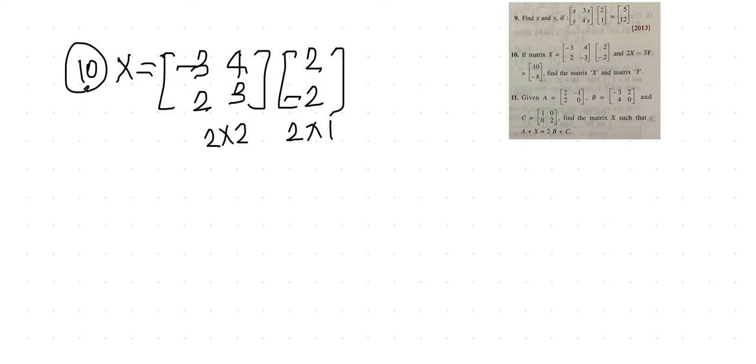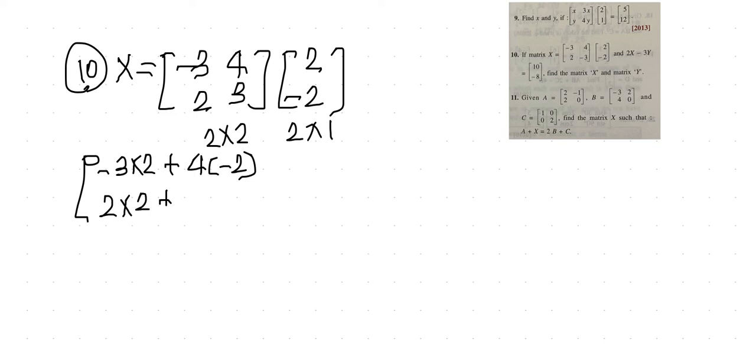So we'll be multiplying both of them, children. What are we going to get? We are going to get, see, minus 3 into 2 plus 4 into minus 2, and here 2 into 2 plus 3 into minus 2.